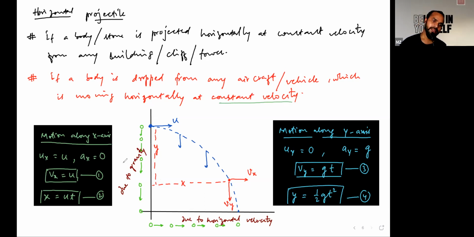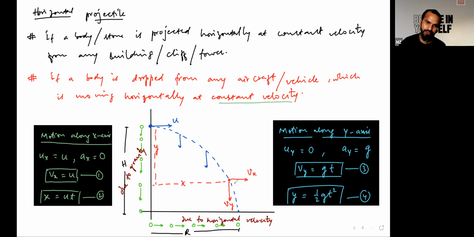Now, the distance from the board, from which the body has been thrown horizontally, to this point is called the height of projection. And the total distance from the start till it falls to the ground is called the range.